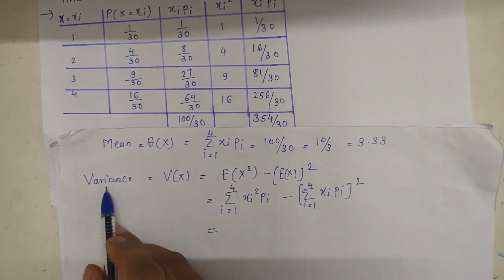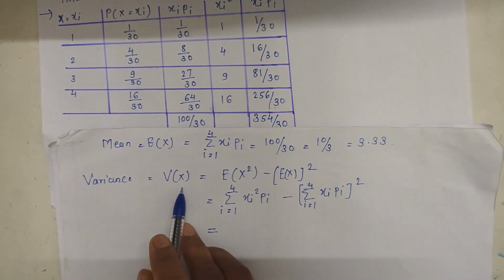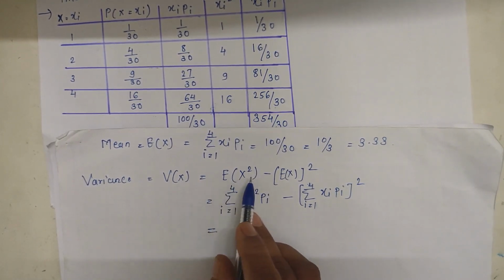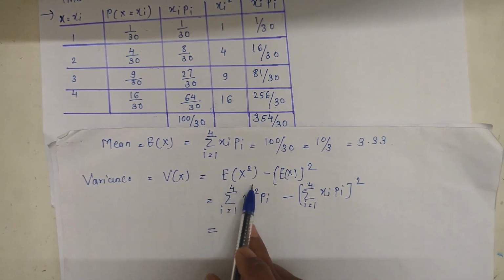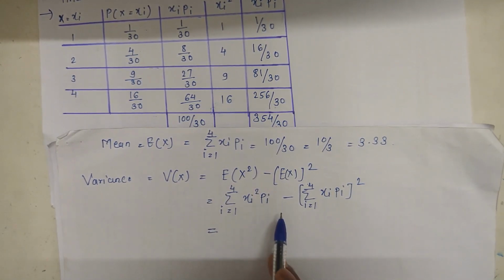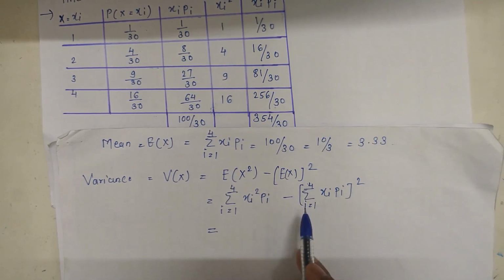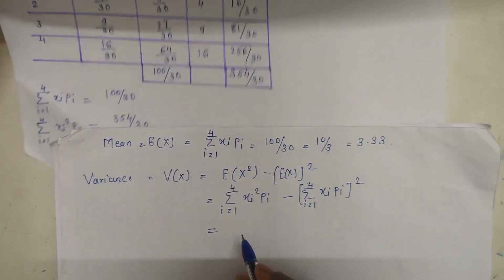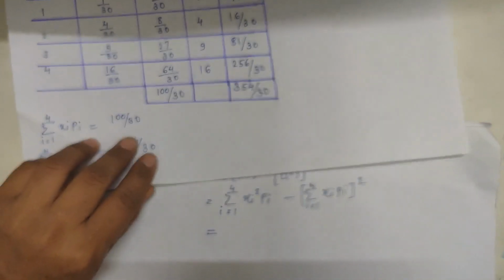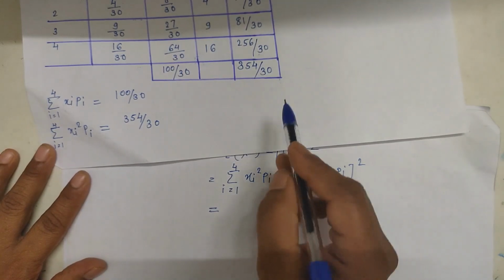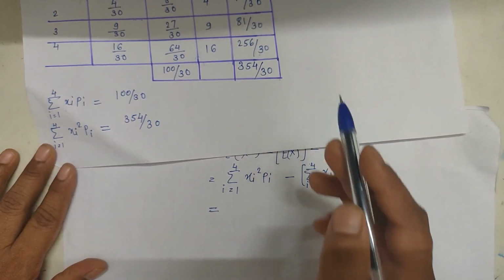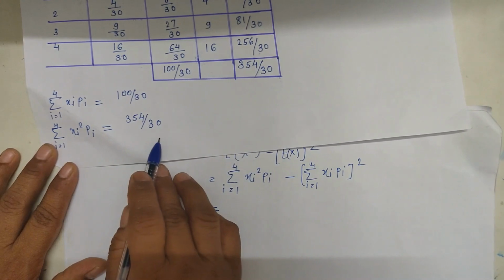Now the next value is the variance of x, and we know that variance of x is equal to E of x square minus E of x bracket square. Here E of x square means summation of xi square pi, and E of x is summation xi pi, bracket square. Now we have already found the value of xi square into pi is equal to 354 upon 30.